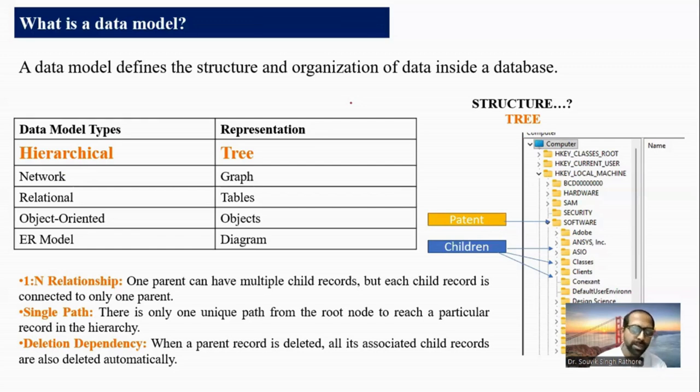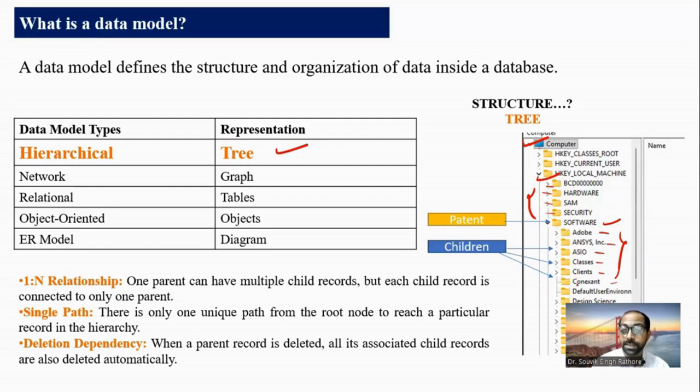The hierarchical model organizes the data in the form of a tree structure. So it consists of one root node followed by some parent and children nodes. If this is the parent, so these are the children. A parent can have many children, but a child can have only one parent.